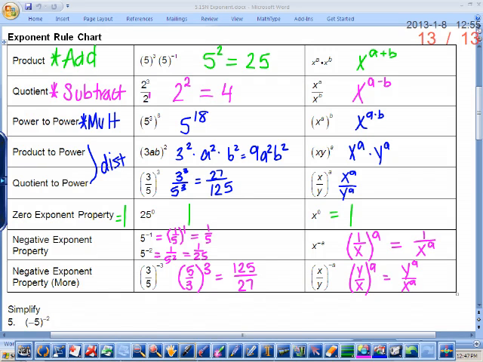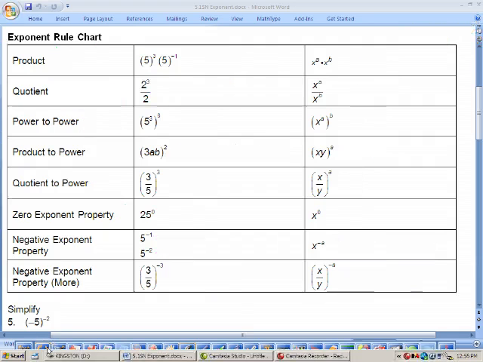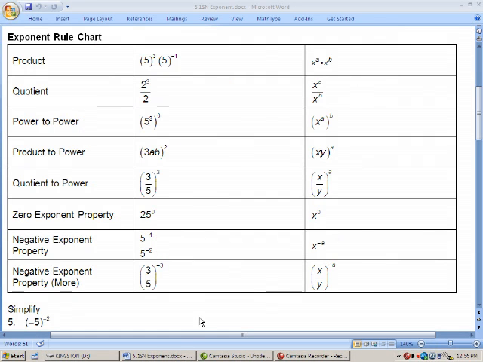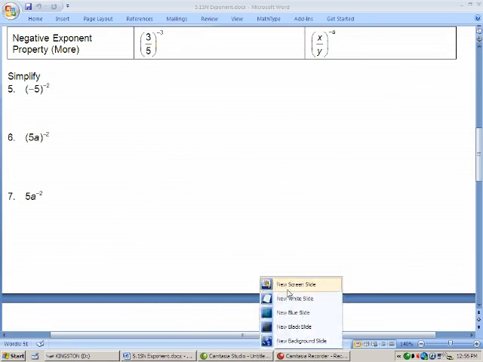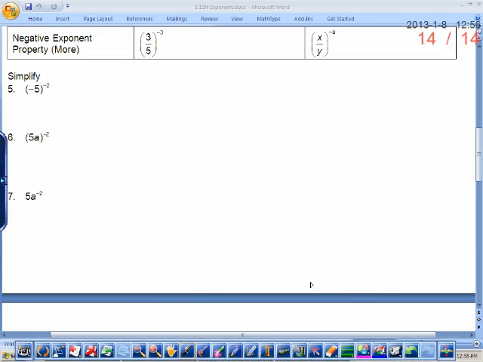All right, let's give it a try. Negative 5 raised to the negative 2 power. What are we going to do? Okay, negative 1/5 squared, which is positive 1/25.